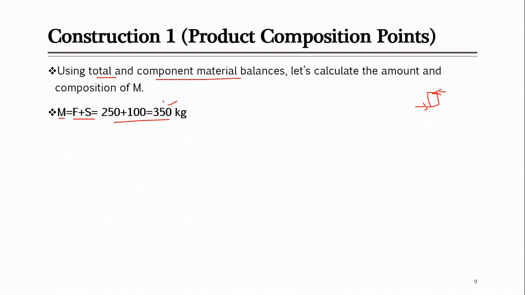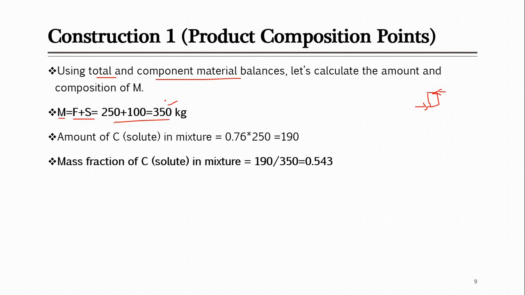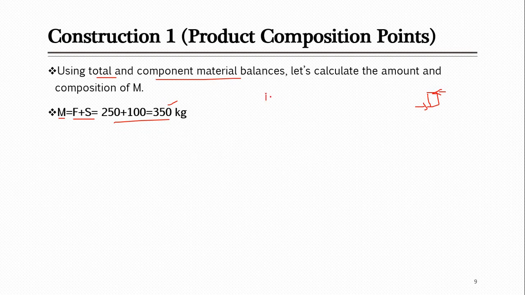After this we are also looking for the composition of M, because we have to locate point M inside the triangular diagram, and in order to locate it you should know the composition. M is the mixture of feed and solvent, so M will contain A, your solute, C, the carrier, and S, coming from the solvent.